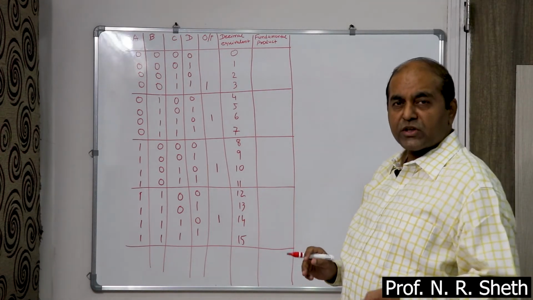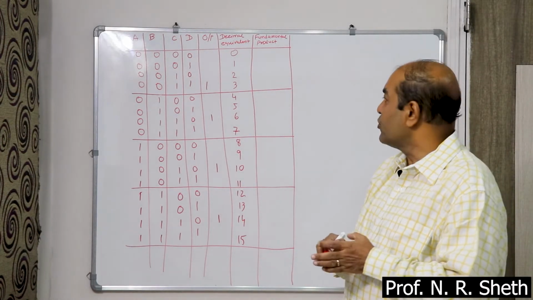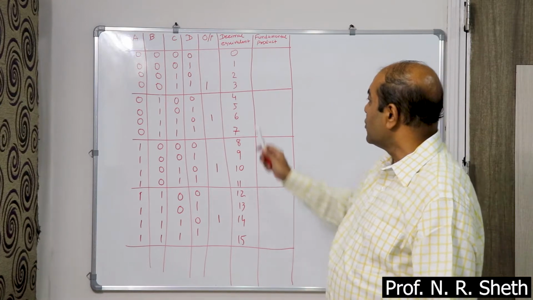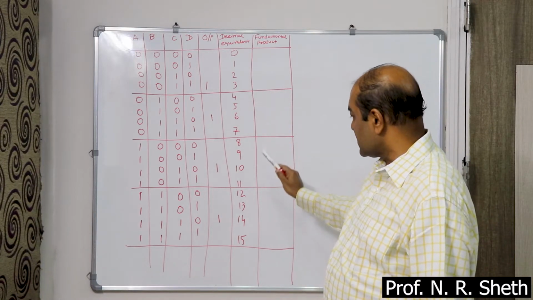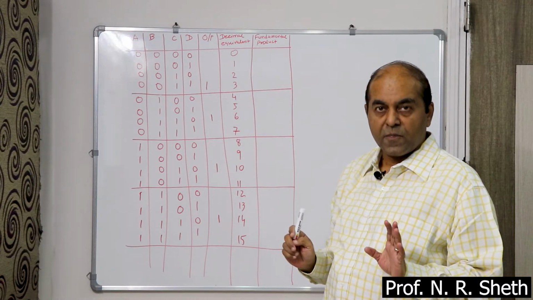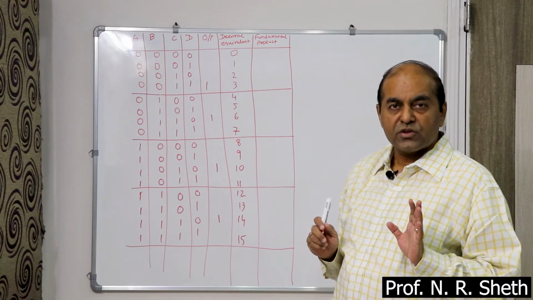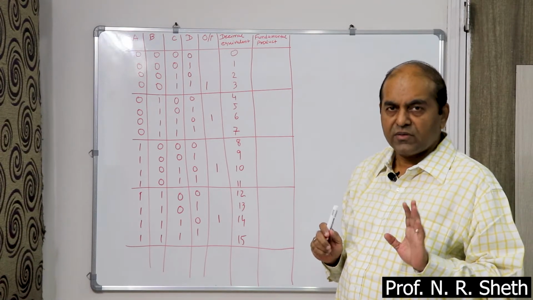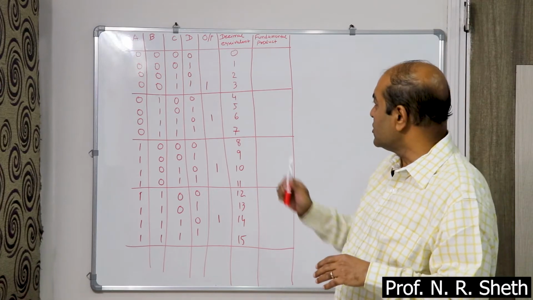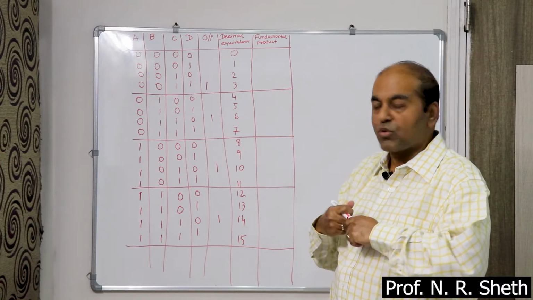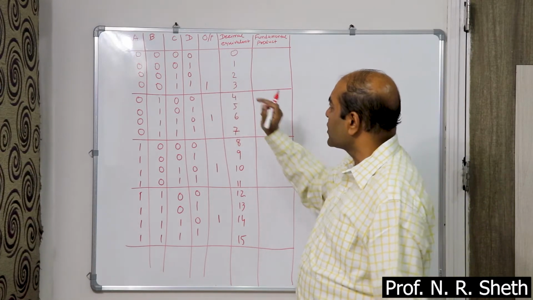So in one particular case, output is high for number 3, 6, 10 and 14. And for the remaining 12 cases, output is 0. And we are not interested in 0. So we have to find out the fundamental product for only these 4 cases.